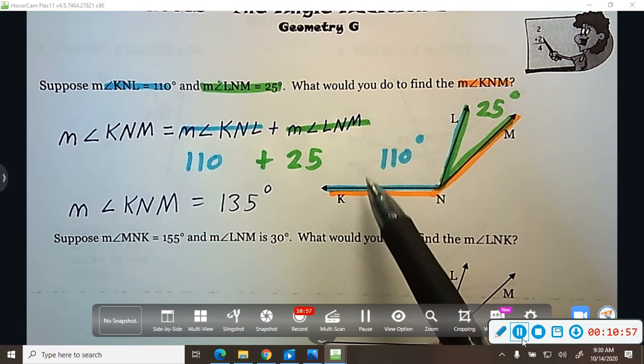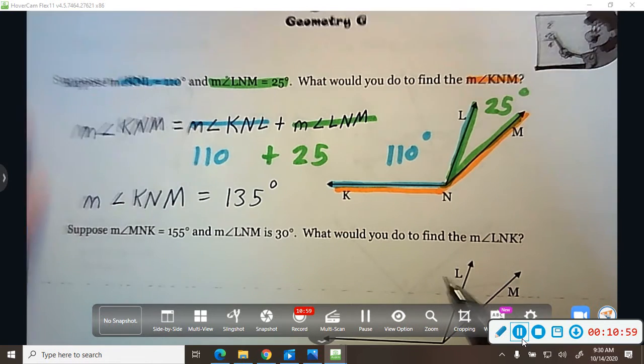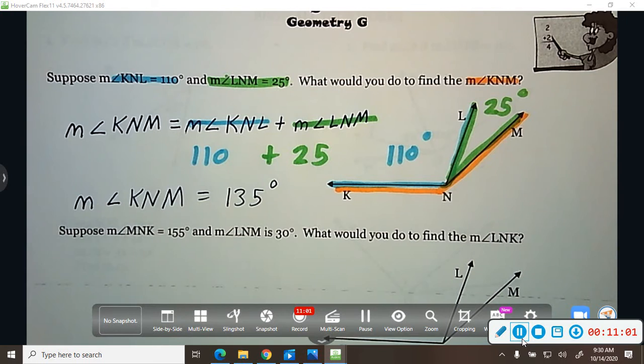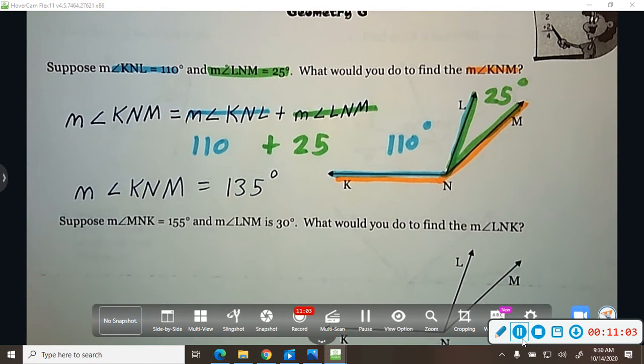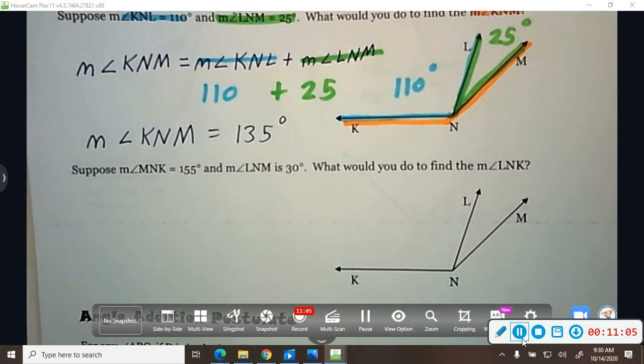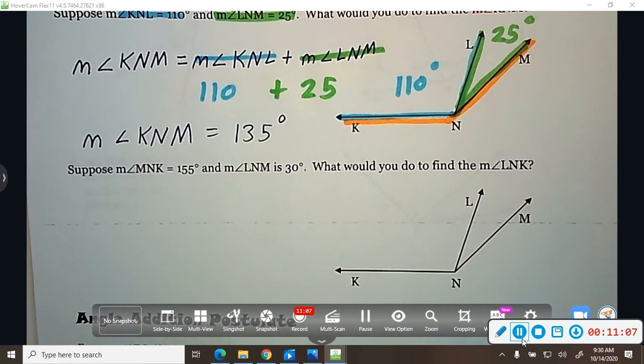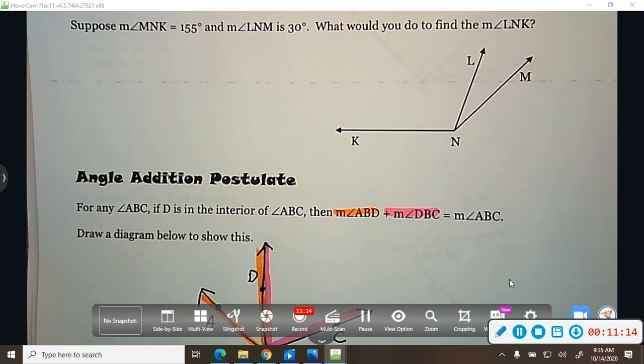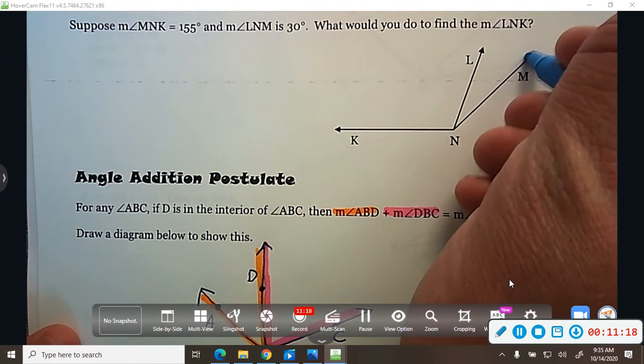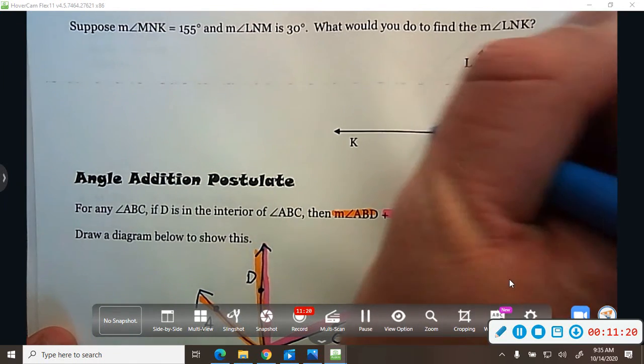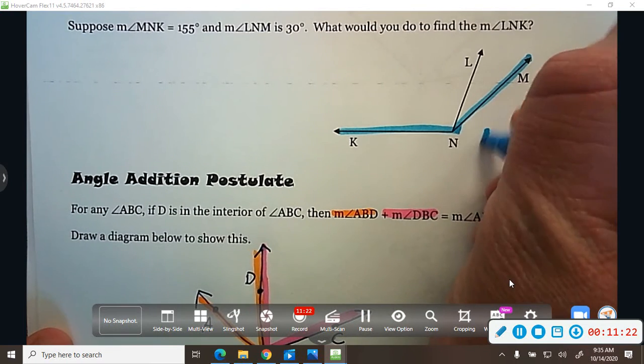Okay, so how did I do this? I did this by the angle addition postulate. So what I want you to do now is try the second example. And if you're watching at home, you can hit pause and then check your answer. So suppose the measure of MNK is 155.